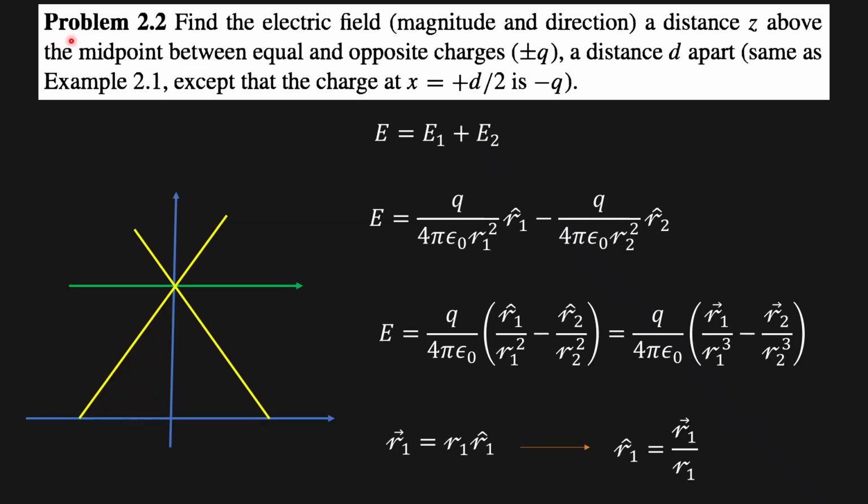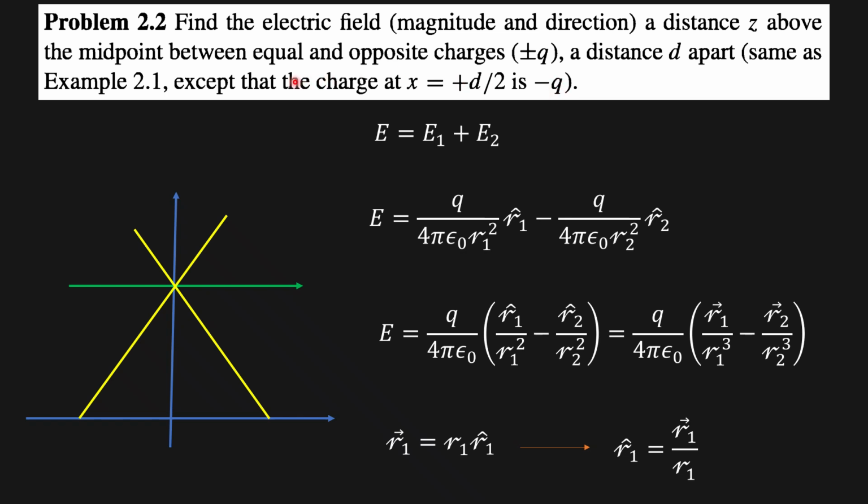And now we will solve problem 2.2: find the electric field, both magnitude and direction, a distance z above the midpoint between equal and opposite charges, plus or minus q, a distance d apart. It is the same as example 2.1, except that the charge at x equal to plus d by 2 is minus q.